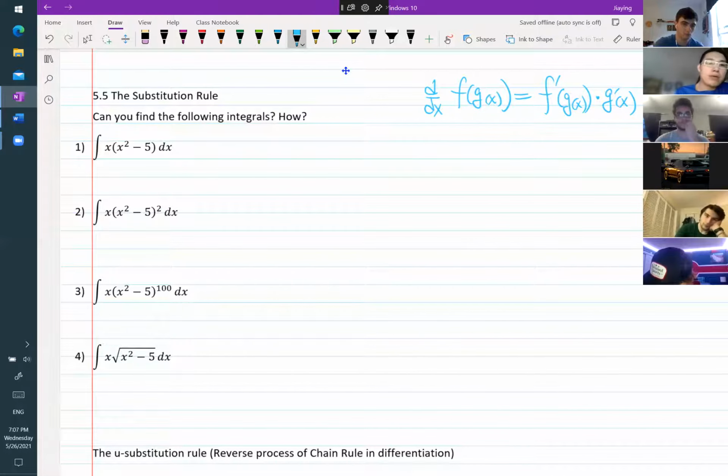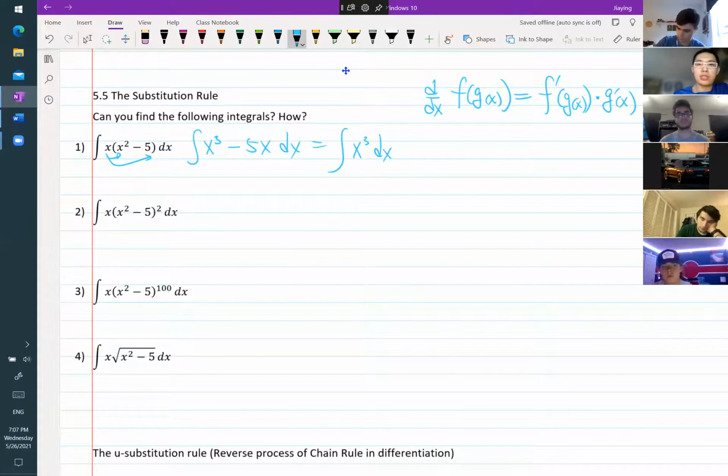Simplify, right? The best way here is just distribute the x in there. So you're integrating x cubed minus 5x dx. You can integrate each part separately, so I'm not going to do it. I just want to write this down to show you that you can find the integral easily.